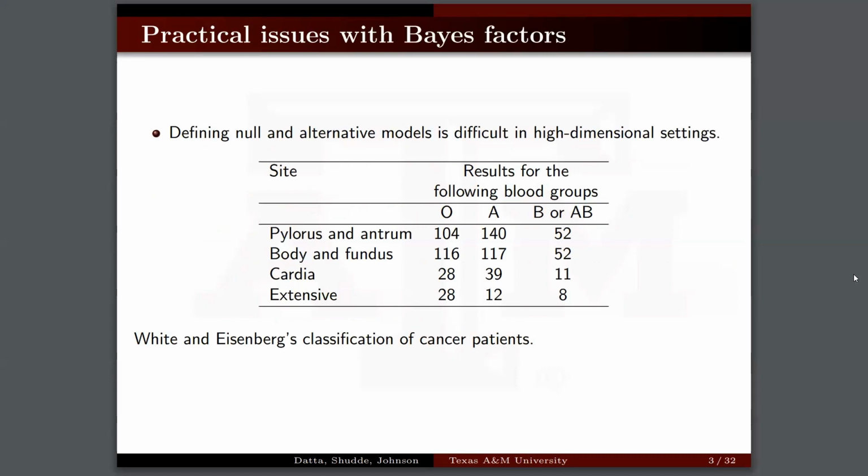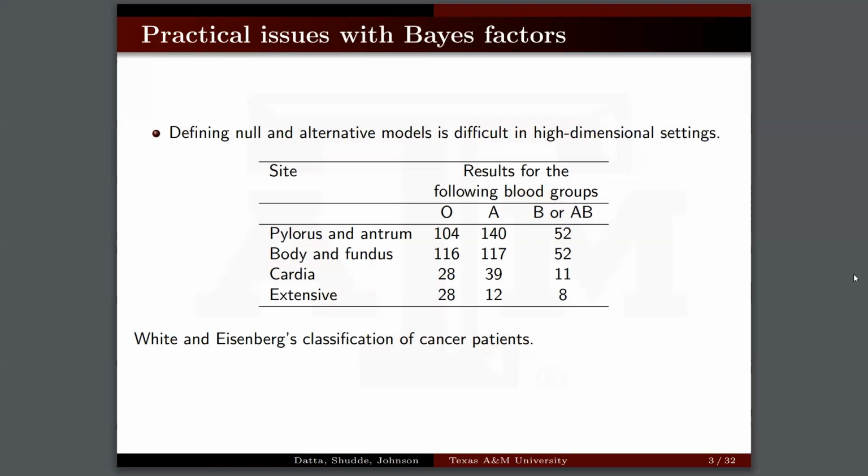Those are blood groups, and these are some parts of the body. This is a classification of cancer patients, but that is not of importance. Just consider it to be a contingency table where you want to identify the association between two variables. I suggest that when you put data up in a talk, you understand the data.